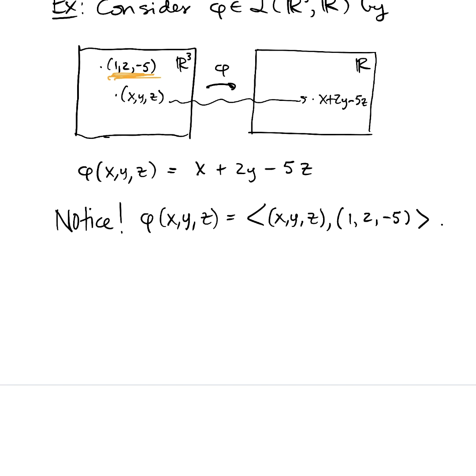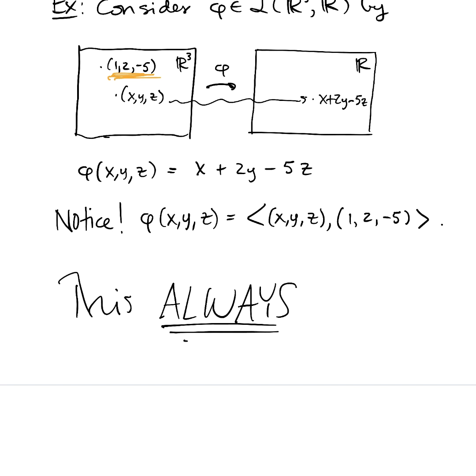Even more delightful and amazingly true, this always happens. Where by this, I mean anytime you have a linear functional.